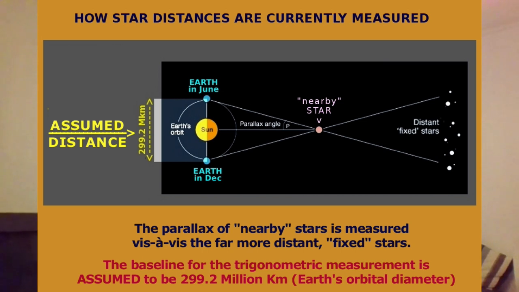If you look at this slide, how star distances are currently measured, it explains it's very simple. You measure the angle of the parallax, and then you have the baseline of the triangle, and it's assumed that this baseline is about 300 million kilometers, because that is the assumed orbit of Earth around the Sun.